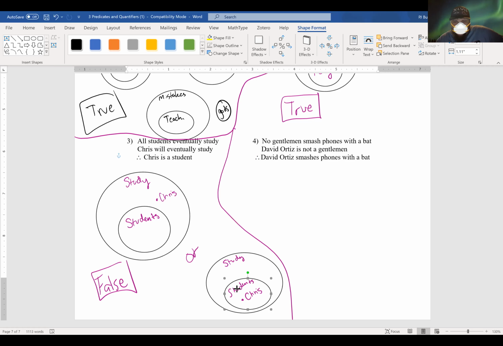So this says, no gentlemen smash phones with a bat. Okay. So how do I represent that? Somebody want to try this one? So I'll give you control here.